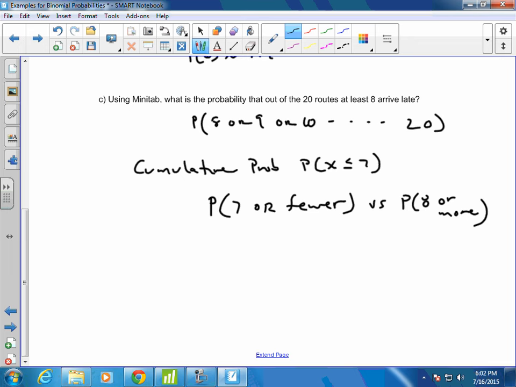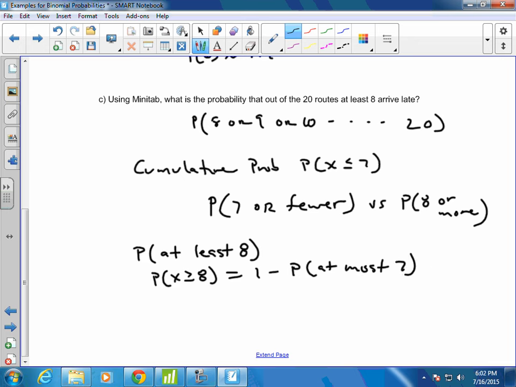So these two things are complements. So what I'm going to be able to do is say the probability of at least 8, or the probability that x is greater than or equal to 8, is equal to 1 minus the probability of 7 or fewer, which would mean at most 7, which I can do as a cumulative probability.